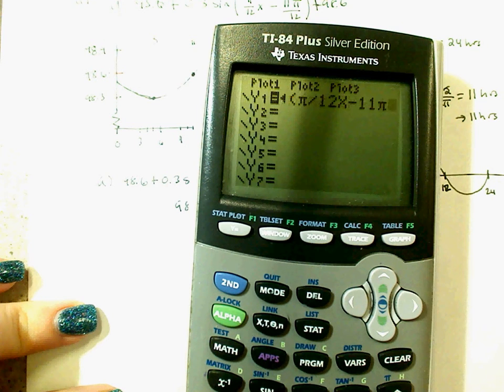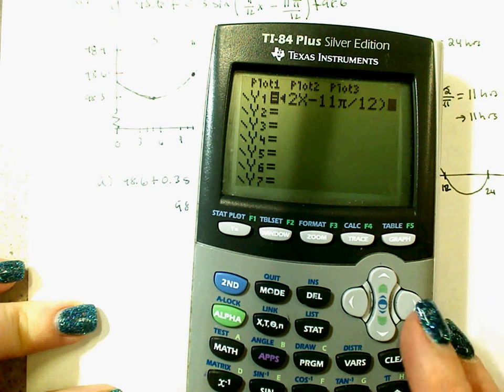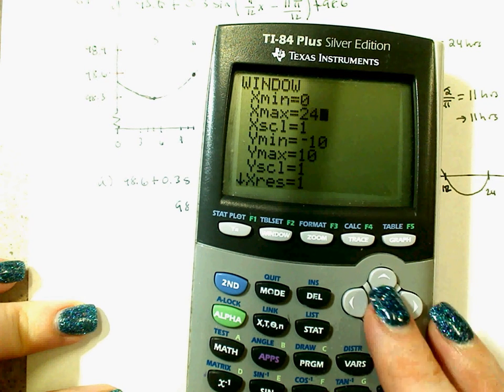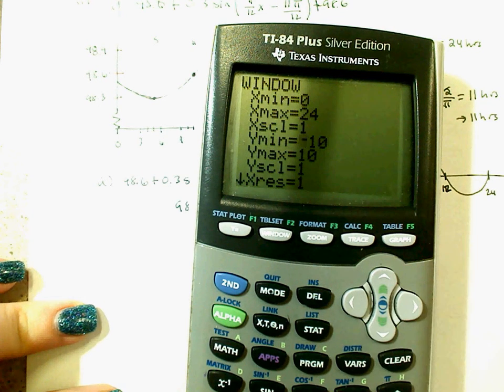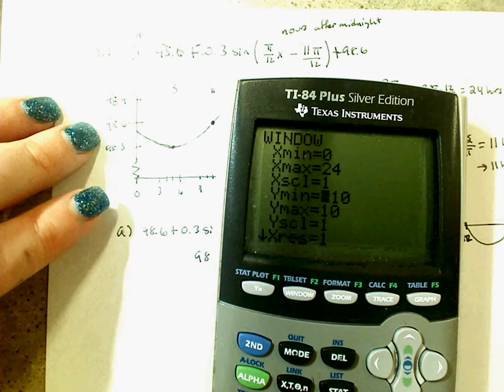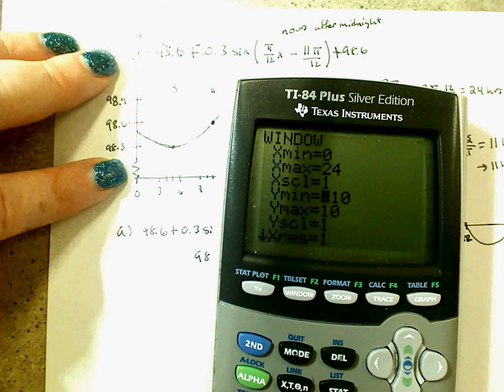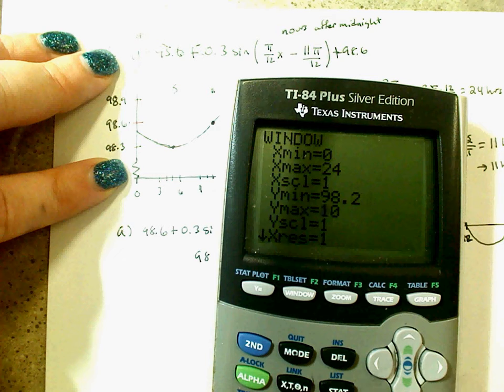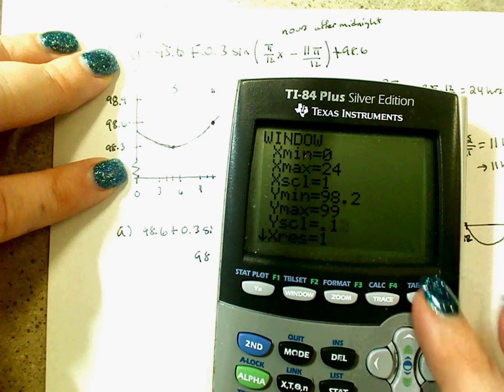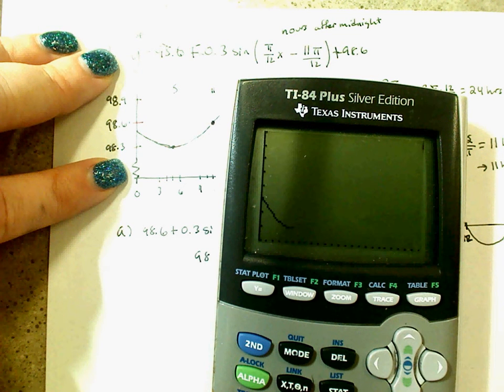And if you go window 0 to 24, and since my window on the y is going from 98.3 to 98.9, I'm gonna go 98.2 to 99. And we'll do a scale of 0.1. And so you can see how that mimics the graph that we had right there.